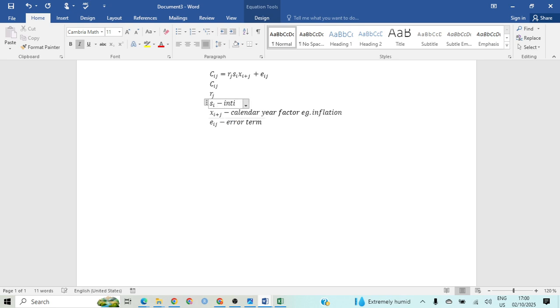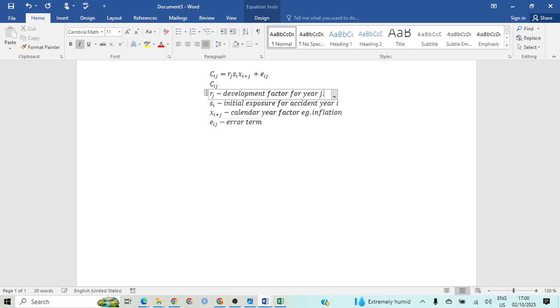This is the initial exposure for accident year i. This is the development factor for year j.